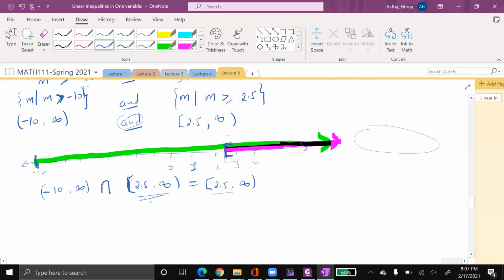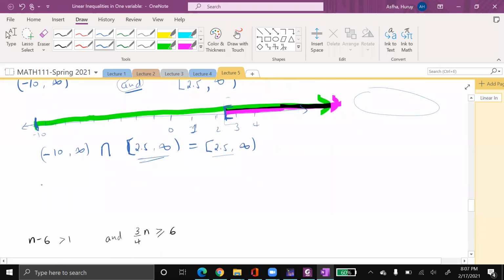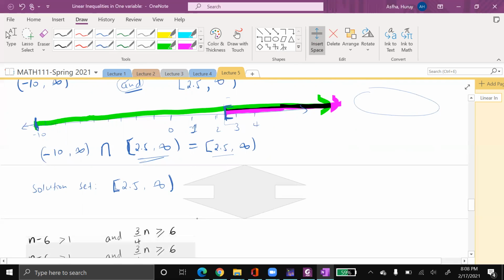Therefore, the solution to this compound inequality, in interval notation, is 2.5 to +infinity. You can convert this to set notation if you want or if you are asked to.